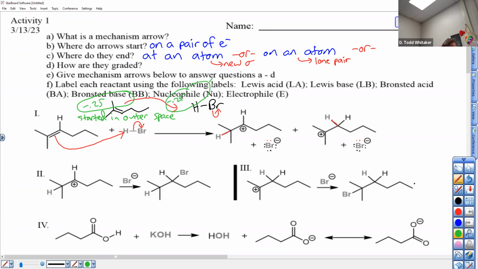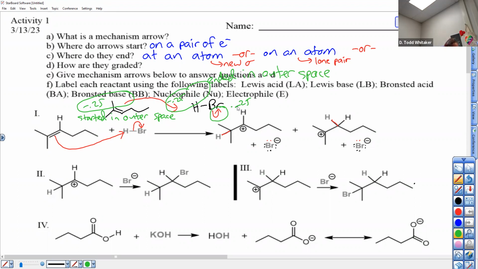Ended in outer space. I know outer space is a weird expression, right? It's nowhere, okay? Why is this arrow losing a quarter point? There's no electrons that it started on. Minus 0.25. So this is how you're losing points, everybody.